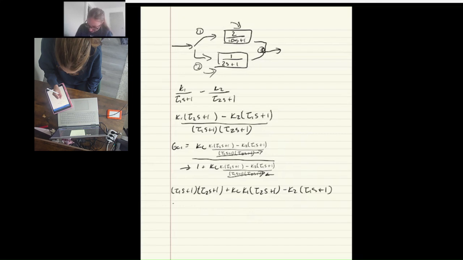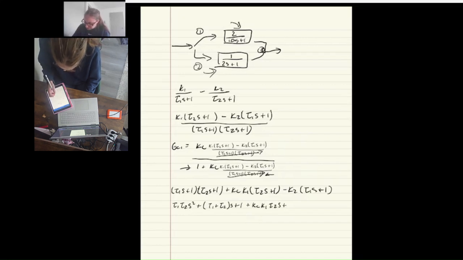So you get tau 1 times tau 2 s squared, plus tau 1 plus tau 2 times s, and then 1, plus Kc K1 tau 2 s plus Kc K1.